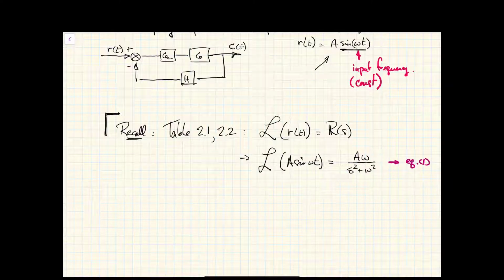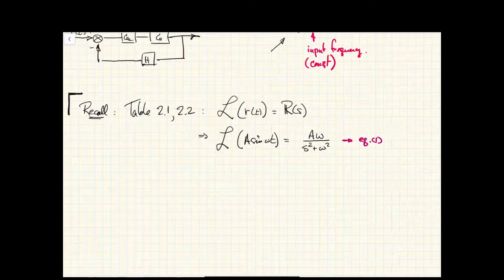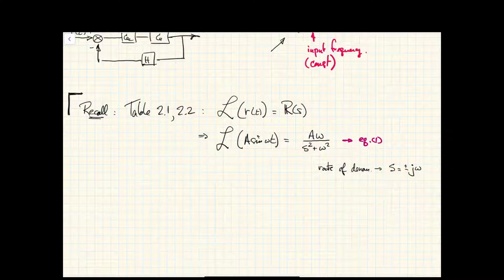And interestingly, what are the roots of that transfer function? A omega over s squared plus omega squared. So let's take a note of that. The poles are going to be the roots of the characteristic equation made by the denominator of this Laplace transform. So the roots of the denominator, poles of the system, are s is equal to plus or minus j omega.